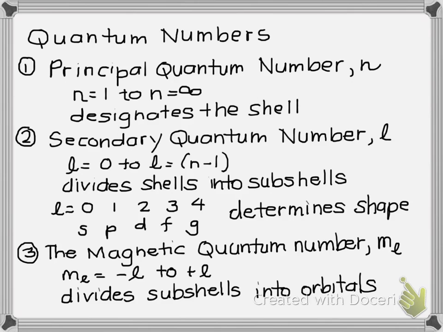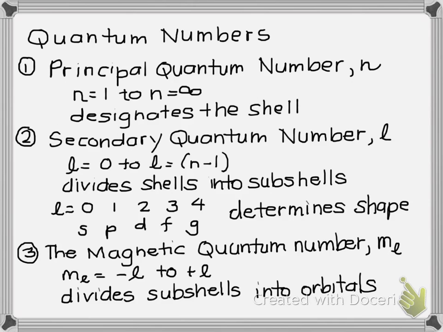So the four quantum numbers are, first, the principal quantum number, which is given the letter N. And N can start anywhere from 1 to infinity. Now, N designates the shell. You can think of it as the energy level.